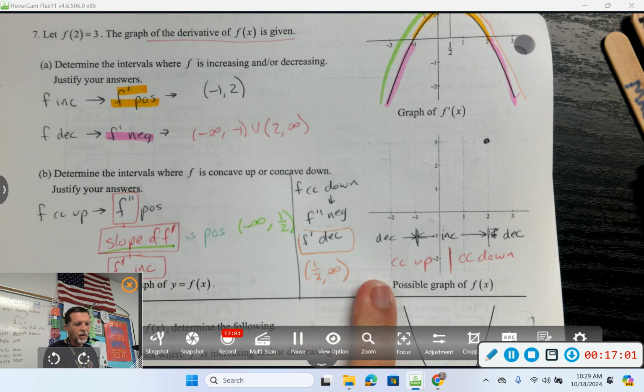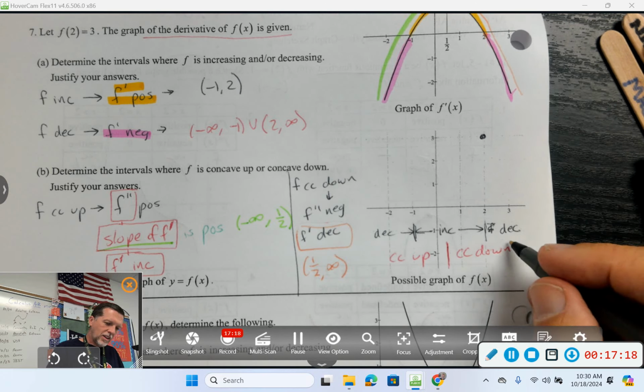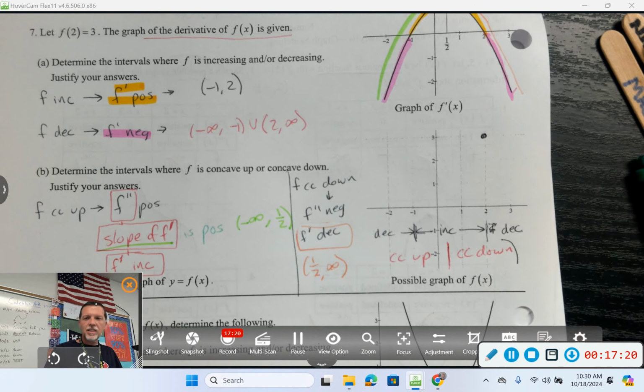Decreasing concave up, increasing concave up, increasing concave down, decreasing concave down. That's a lot of pieces to go with. Since I have a point over here, I think I'm going to start on the farthest right. Decreasing concave down, that looks like that. So from that spot, I'm going to decrease concave down the rest of the way.